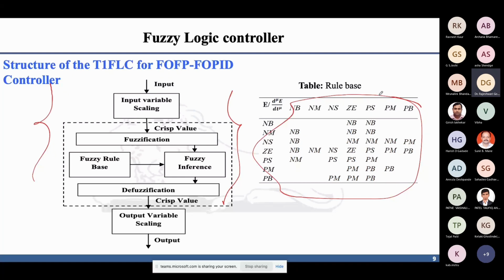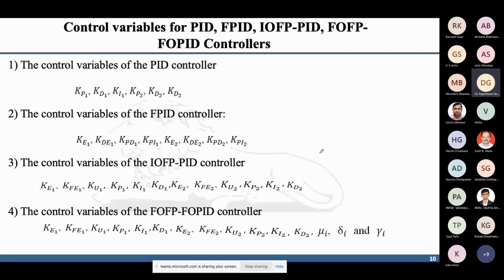However, if you take a simple symmetrical rule base, like I showed you in the first hour, it will also work. There is no big challenge. However, we have used this rule base because this pre-compensator was designed by a professor who used it, so I took that rule base from the literature itself.